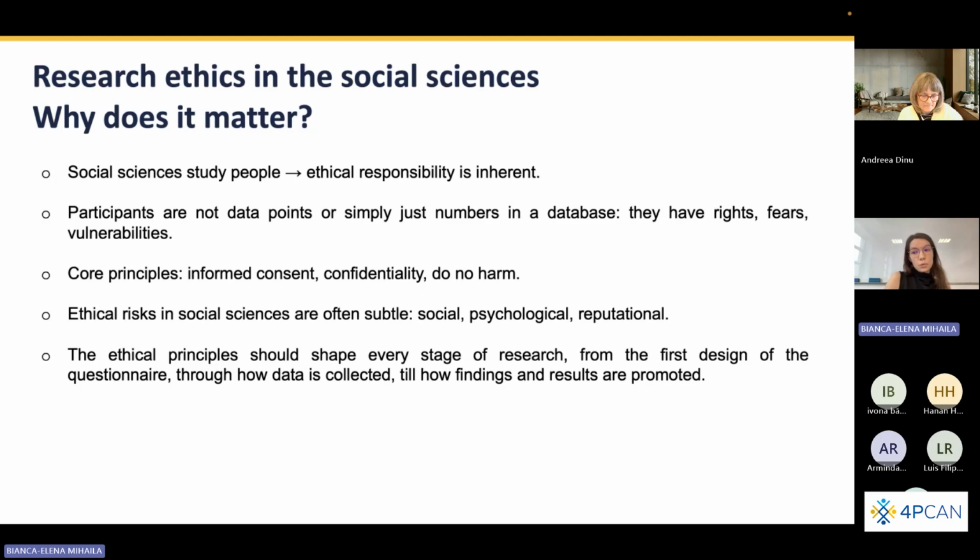And you need to take into consideration the fact that ethical principles and guidelines should shape every stage of the research, starting from how we are designing our questionnaires, how we are addressing the questions, through how data is collected, till how findings and results are disseminated on different channels.